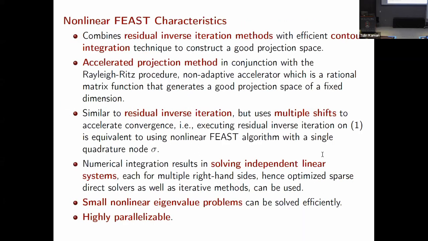We combine residual inverse iteration with contour integral, and we have an accelerated projection method. We can solve all the linear systems independently using whatever method you want. We have a small nonlinear eigenvalue problem because we project the large one to the small one. So we still have to solve a very small nonlinear eigenvalue problem, and it's highly parallelizable, inherently from the FEAST algorithm.